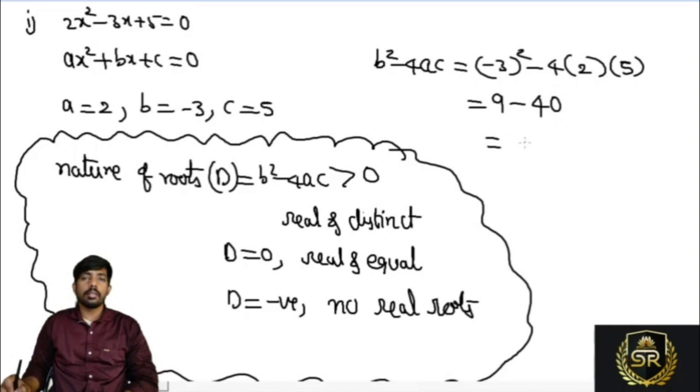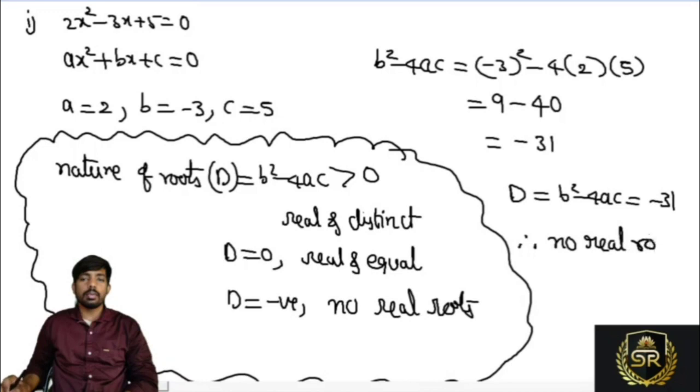So you are getting a negative, minus 31. Therefore the discriminant D equals b square minus 4ac equals minus 31. Negative, so no real roots. First bit.